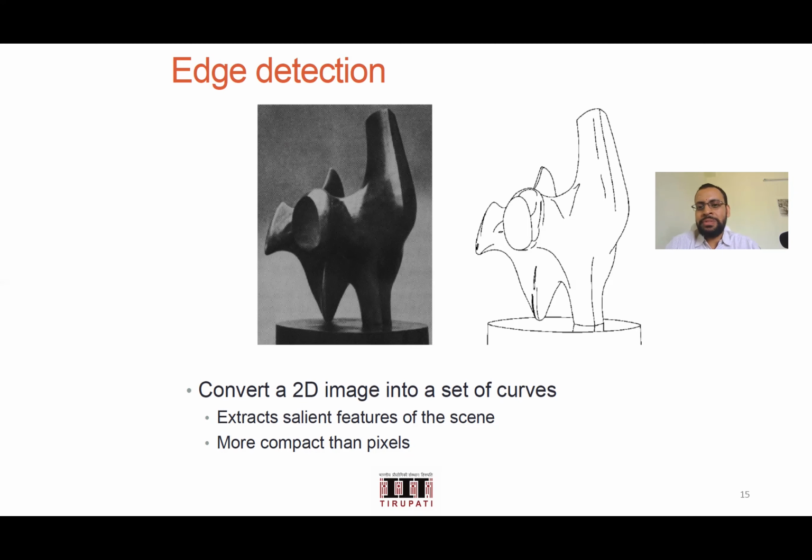Suppose, let's talk in terms of math now, I give you a function f of x. You could think x is varying. You told me for the discrete case, i plus 1 minus i. Now for an f of x, how would you say whether there is an edge? In other words, you want to find out a jump there. So what is the operation that you do on f of x to find it out?